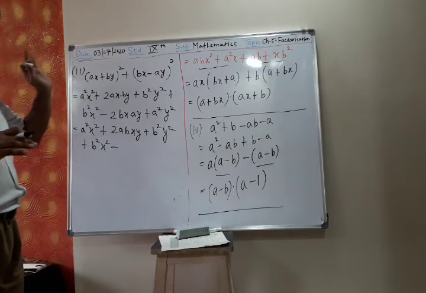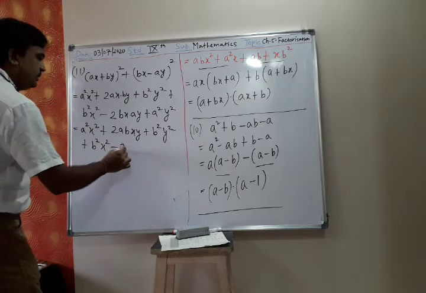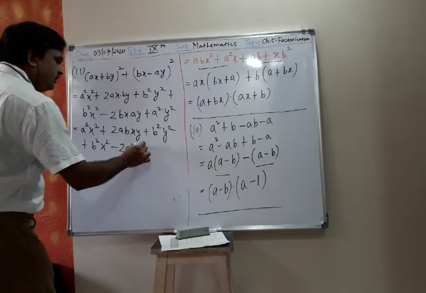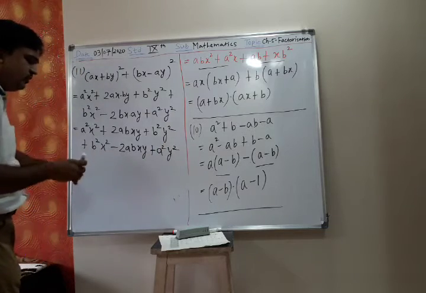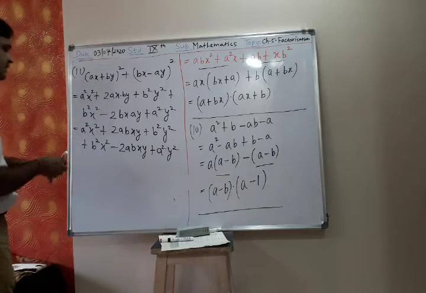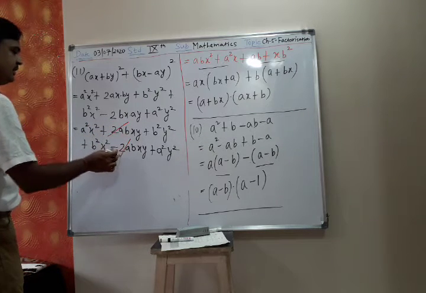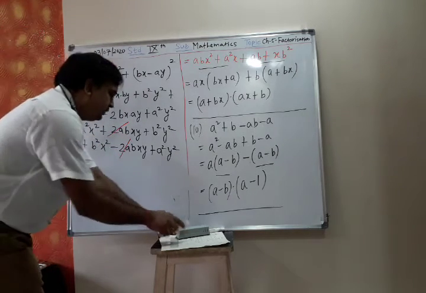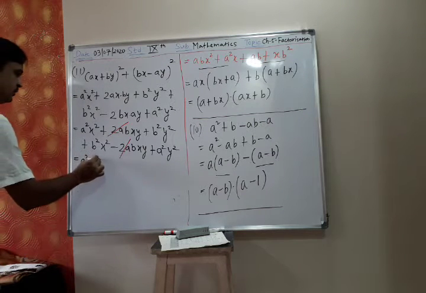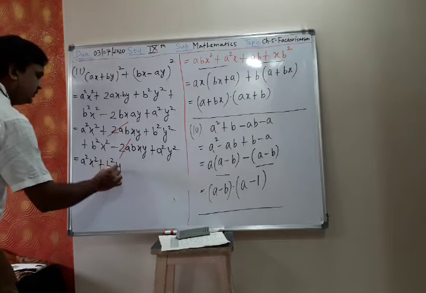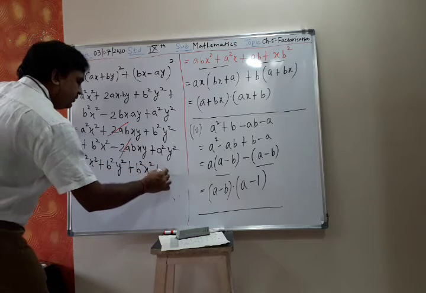So b square x square minus 2ab xy plus a square y square. Now plus 2ab xy and minus 2ab xy get cancelled. So left is a square x square plus b square y square plus b square x square plus a square y square.